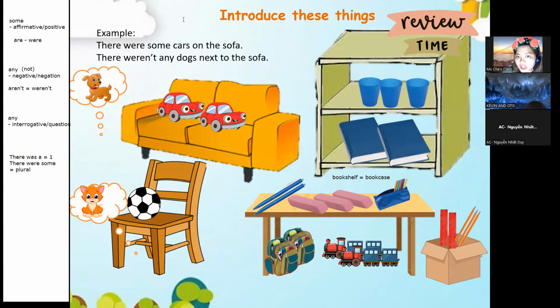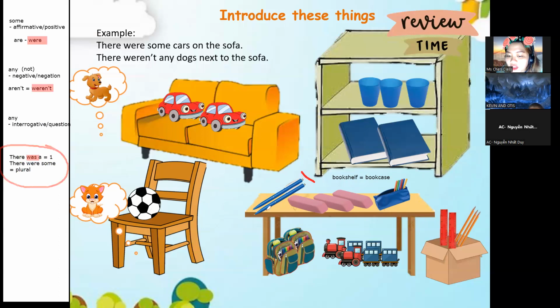Remember, don't get confused. The topic that we're doing is the use of was and were, because our lesson is about the simple past, right? That's why we are using were and was. The question is, what are you going to use with this? There was or there were?